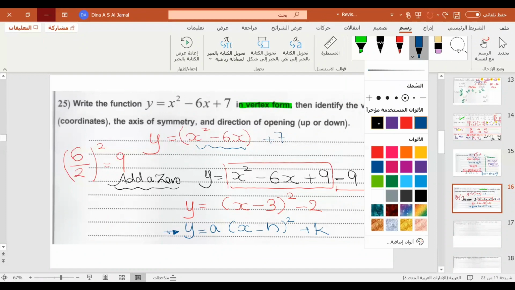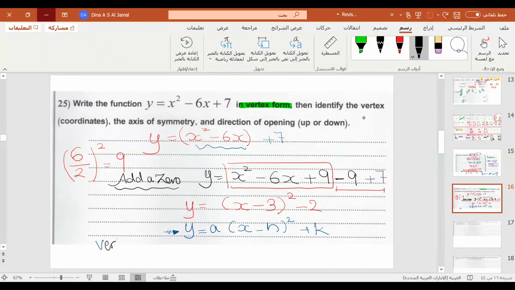That means your vertex coordinates are x and y in general, but instead of writing x and y in the vertex form, he taught you a new thing, which is h and k. So now your vertex is no more x and y, your vertex will be h and k.